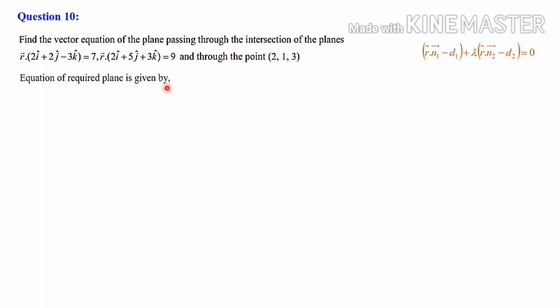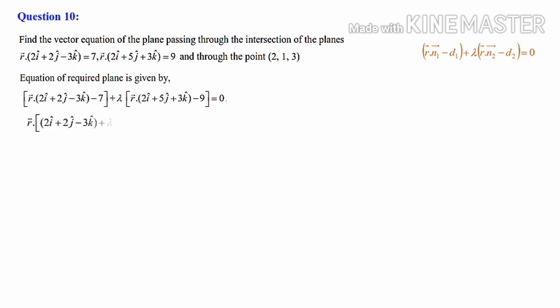The equation of the required plane is given by, just write the first equation, plane 1: vector r dot 2i cap plus 2j cap minus 3k cap, this plus 7 bring to the left side, that is minus 7, plus lambda into plane 2 equation, that is r dot 2i cap plus 5j cap plus 3k cap minus 9 equal to 0. A little bit of rearrangement we have to do. Here there is vector r, here also vector r.